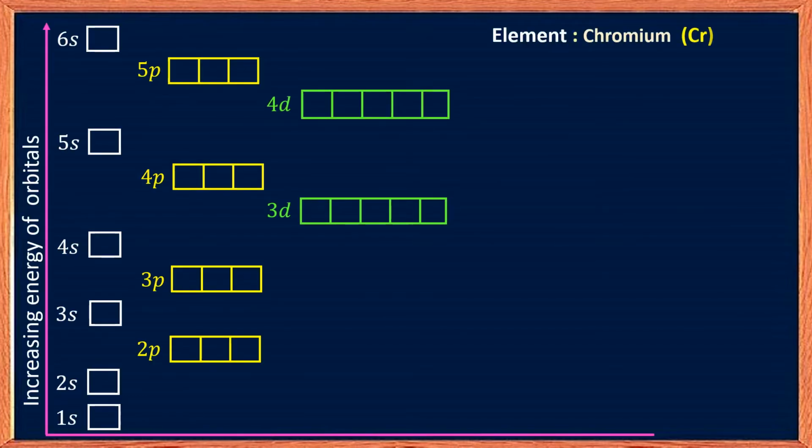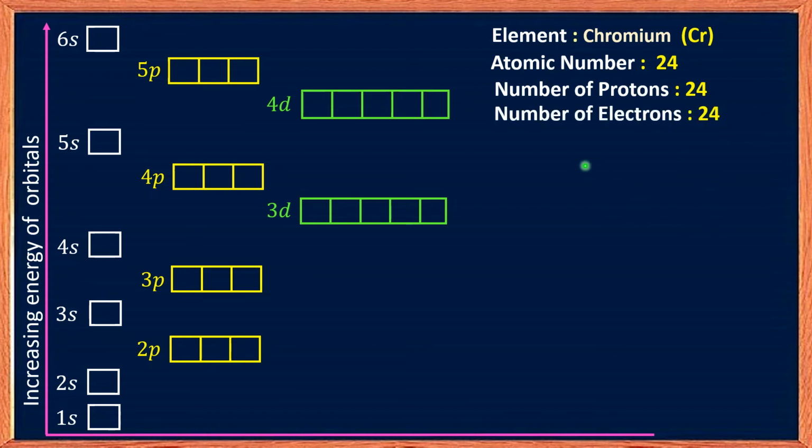Now let us write the electronic configuration of chromium, Cr. Atomic number is 24, number of protons is 24 and number of electrons is 24. So the nucleus of chromium contains 24 protons and 24 electrons revolve around this nucleus in different orbits. This is the first orbit, n equal to 1. It contains 2 electrons.